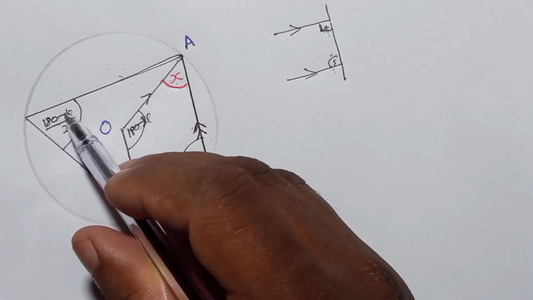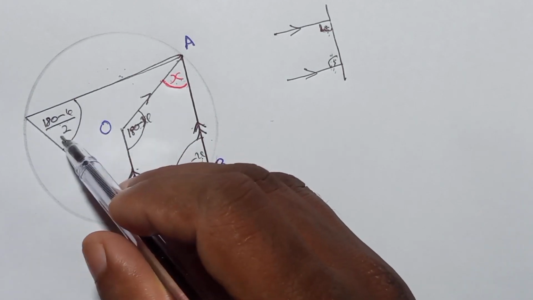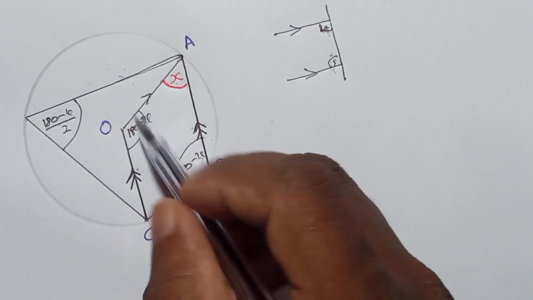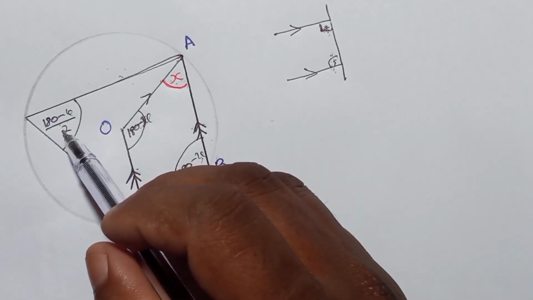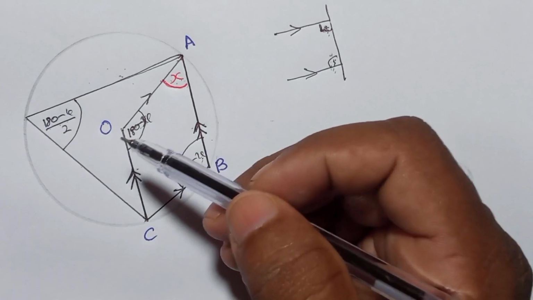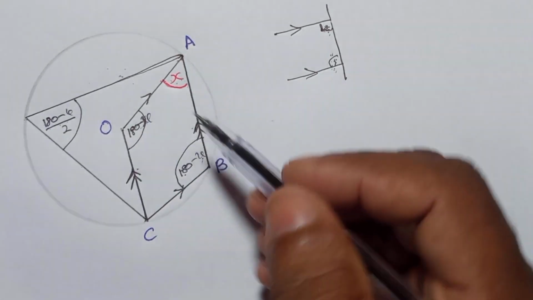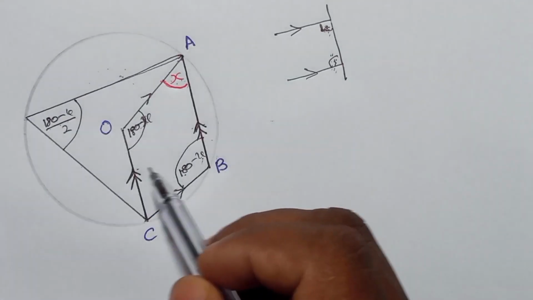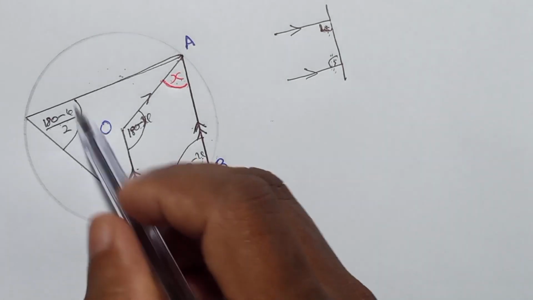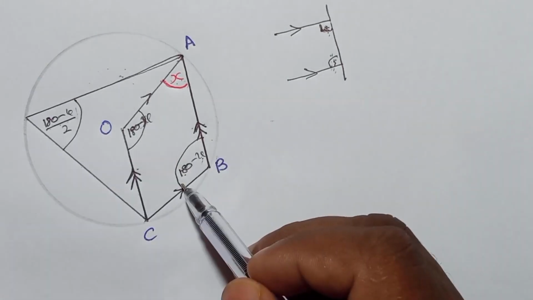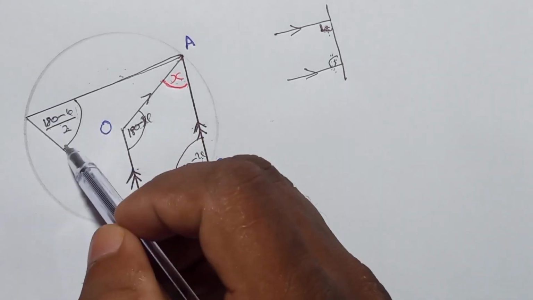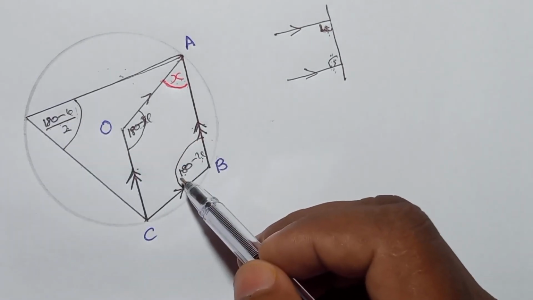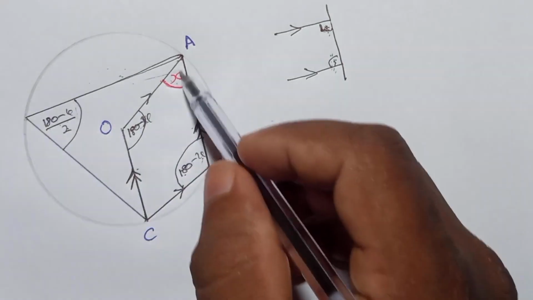So here will be 180 minus x divided by 2. Try to understand the value here. If you divide by that, you can get this angle, right? That's the reason. Then, like I told you earlier, now we can make an equation. Sorry, not equal, because this is a cyclic quadrilateral.